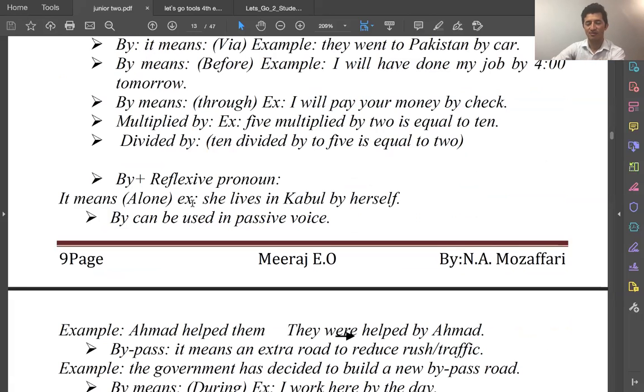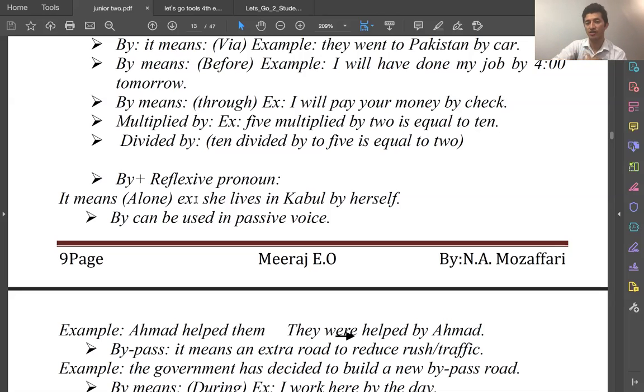By plus reflexive pronoun. Do you remember reflexive pronouns? We have one type of pronoun by the name of reflexive pronoun, like myself, himself, herself, themselves, yourself, itself, ourselves. Reflexive pronouns are those where the action refers back to the subject. You say I teach myself.